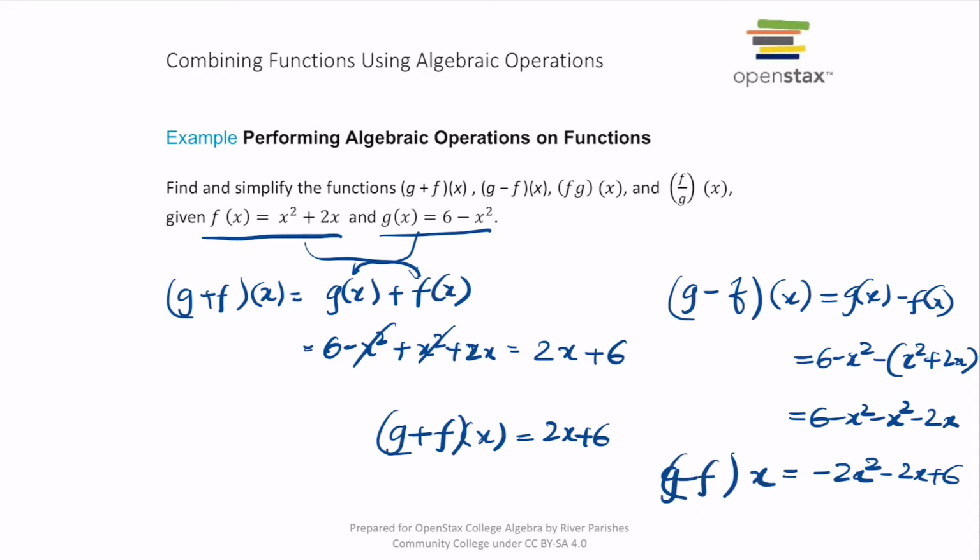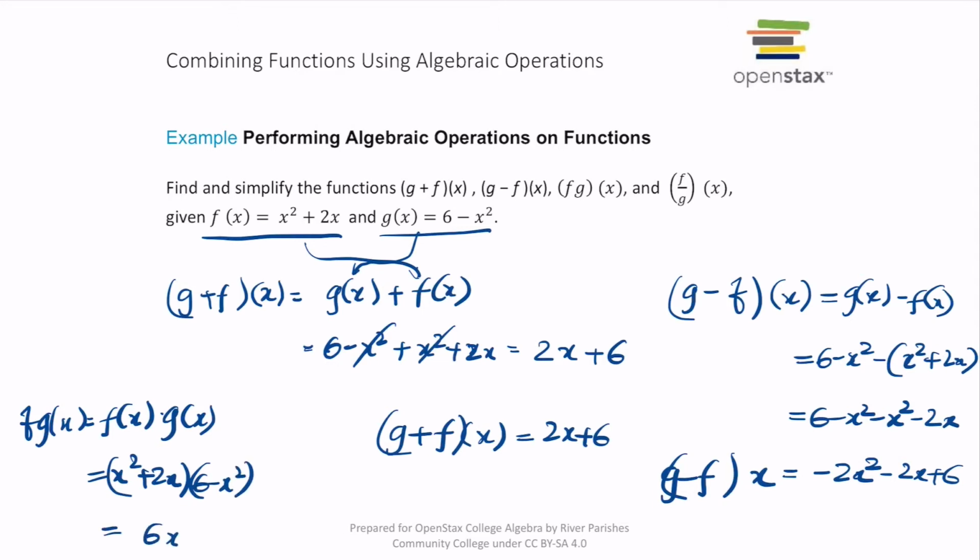Next we want to find (fg)(x). So (fg)(x) becomes f(x) times g(x). f(x) is x square plus 2x times 6 minus x square. Remember the FOIL method.